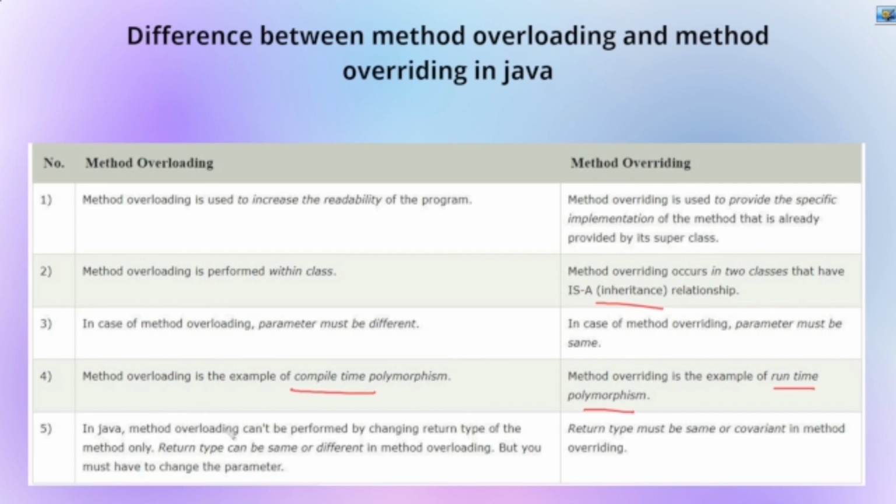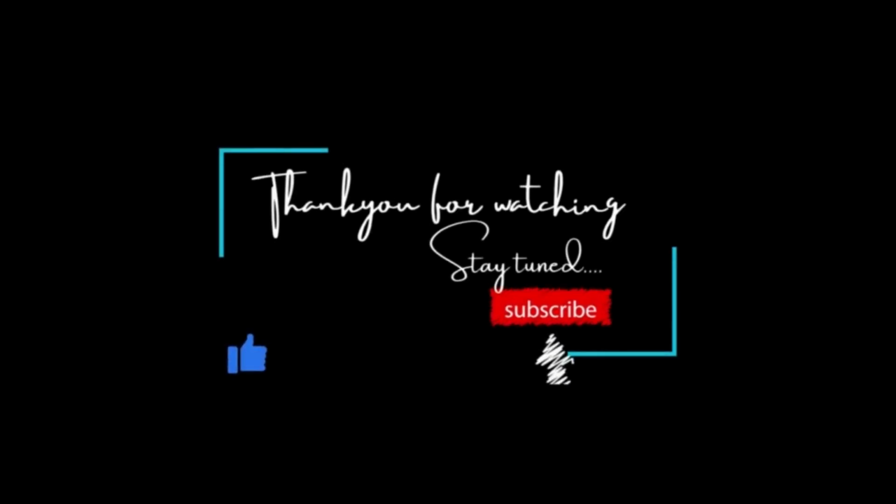In Java, method overloading cannot be performed by changing the return type of the method only. Return type can be same or different in method overloading, but you have to change the parameters. That is, the signature must be different. Return type must be same or covariant in method overriding. Covariant also means same.